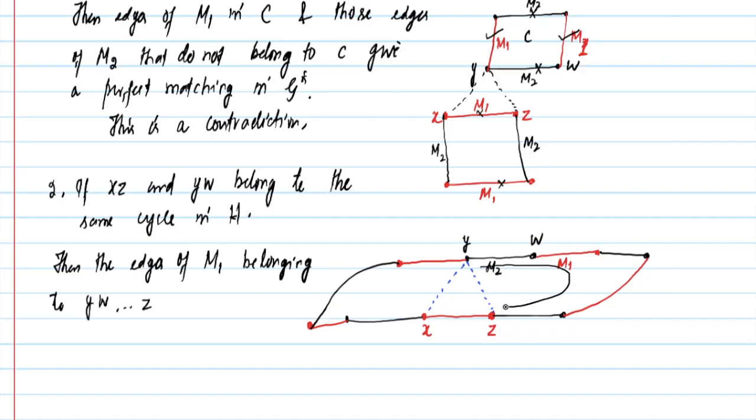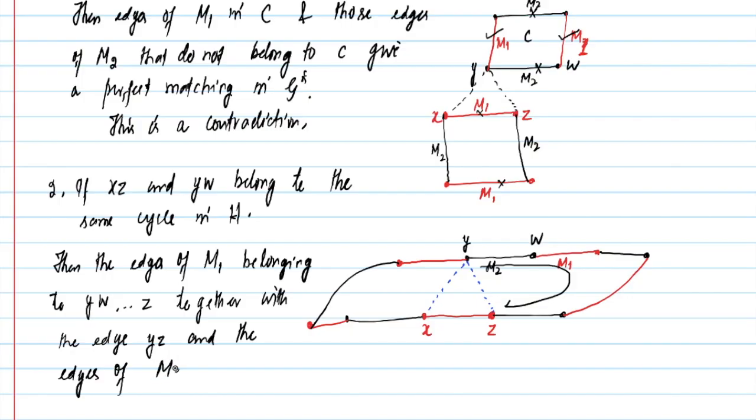The edges of M1 that belong to this part, that means these red edges on this part, together with the edge YZ, and the edges of M2 not in the same path YW, and so on up to Z, constitute a perfect matching in G star.